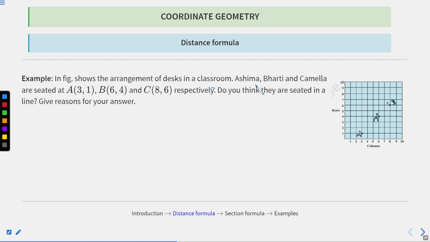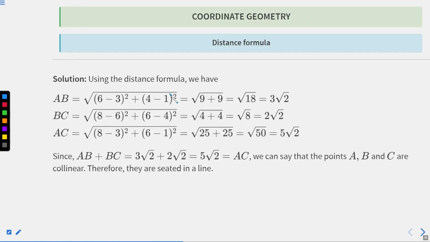Asima, Bharti, and Kamela are seated at A (3, 1), B (6, 4), and C (8, 6) respectively. Do you think they are seated in a line? If so, give reasons for your answer. Let us see how to solve it.